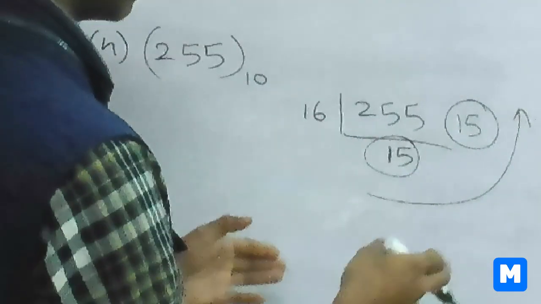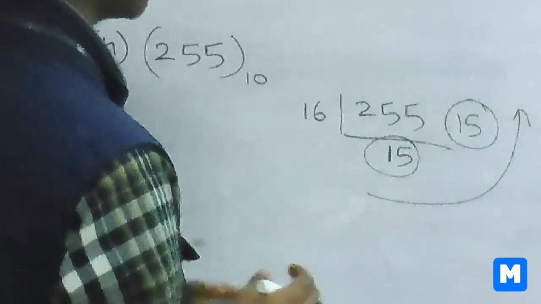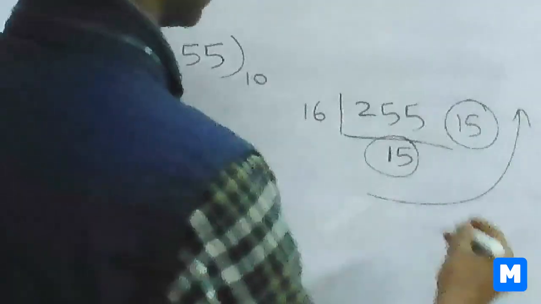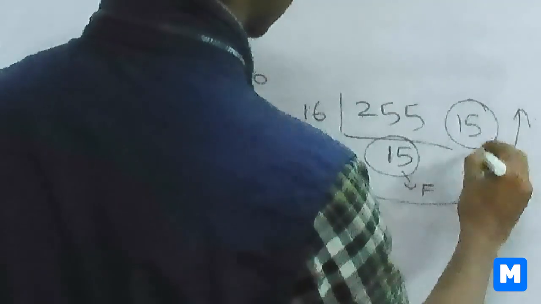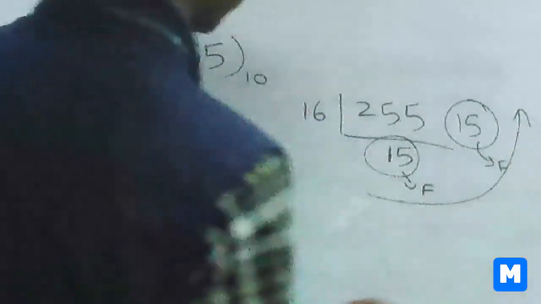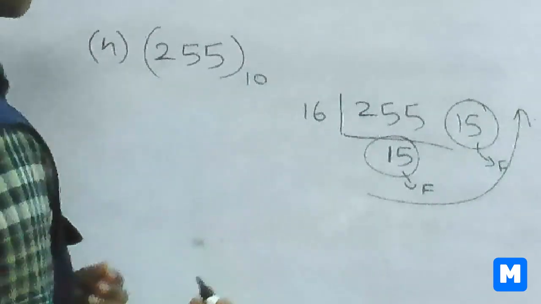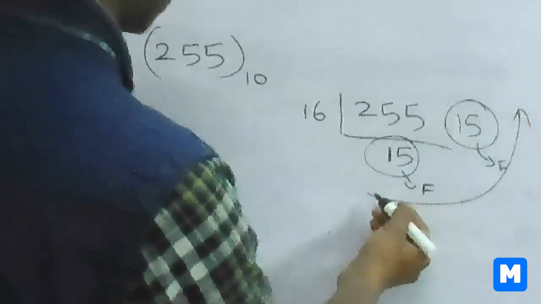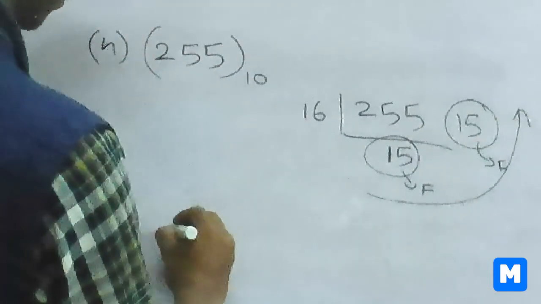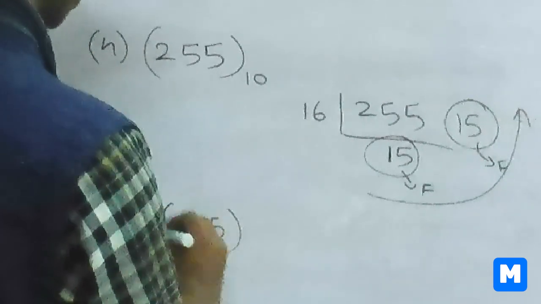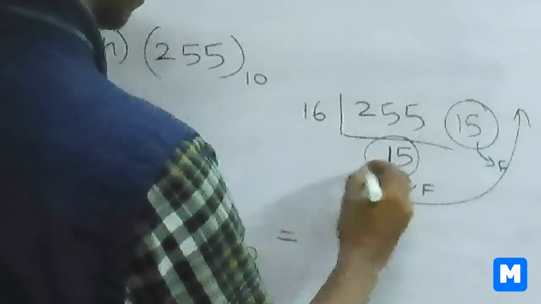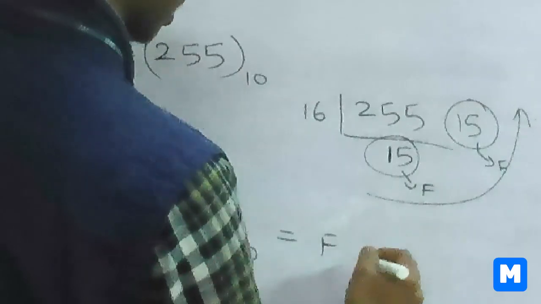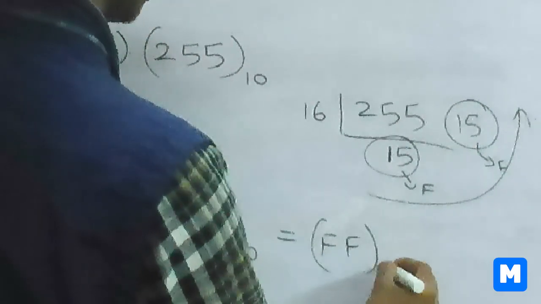There's no numerical value for 15 in the hexadecimal system. 15 is converted to your F. So this becomes F and this also becomes F. So here we read from the bottom to top. So your 255 in your decimal system is FF in your hexadecimal system.